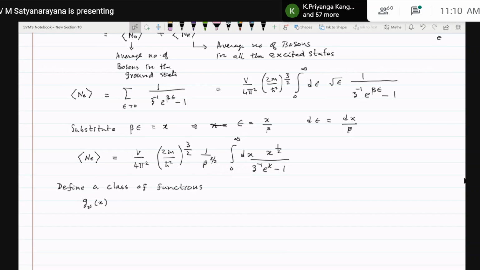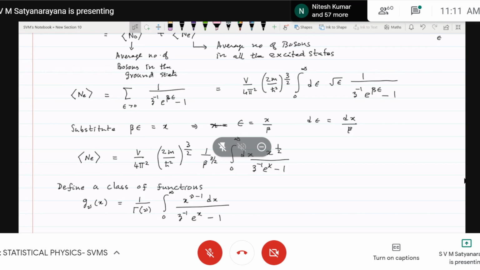This G nu of x is defined like this: 1 by gamma of mu, integral 0 to infinity x to the mu minus 1 dx divided by z inverse e to the x minus 1. As you can see, this is general: for every mu there is a function.